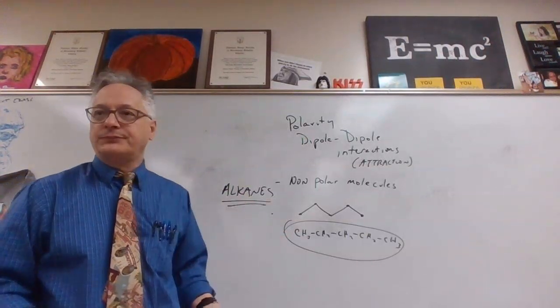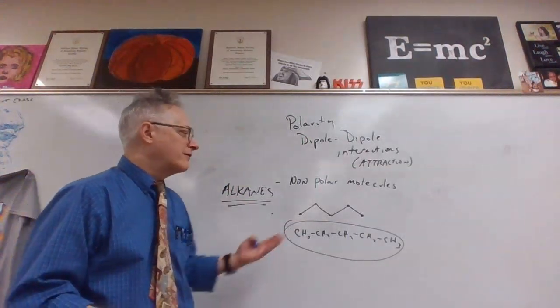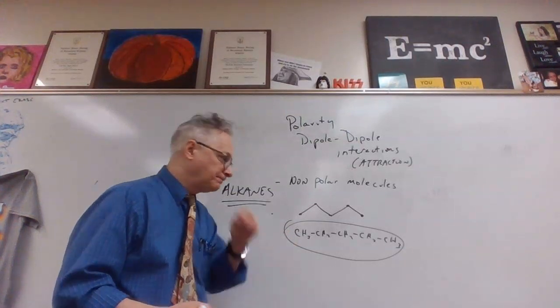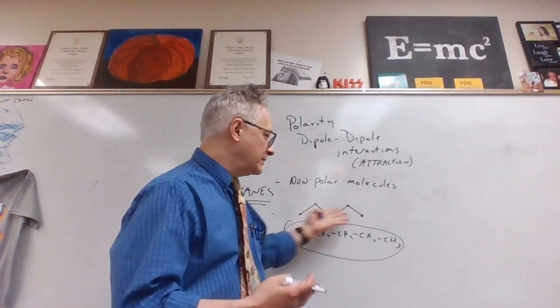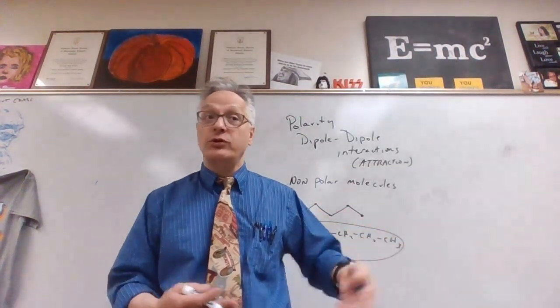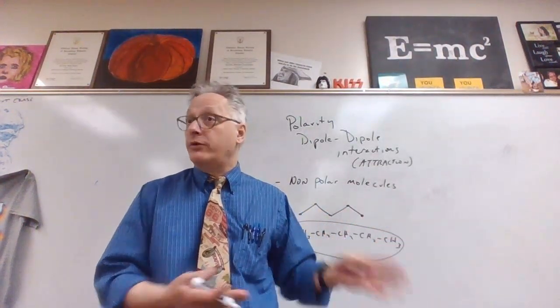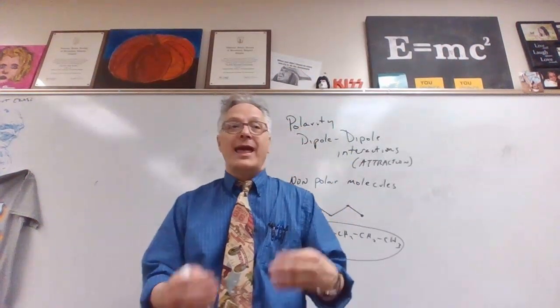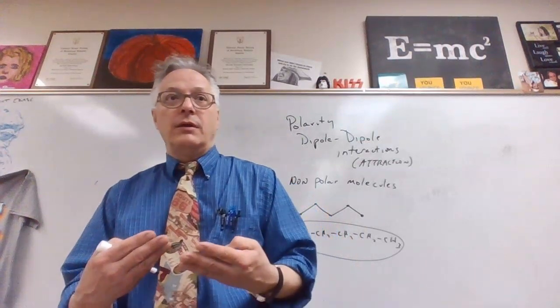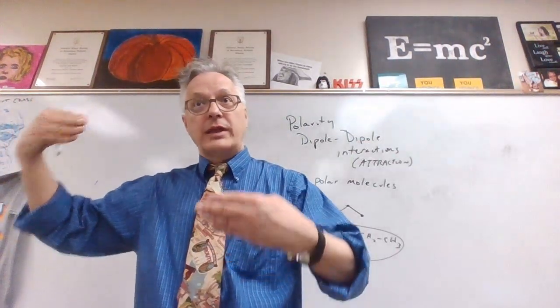They're nonpolar molecules. So as a matter of fact, any one of these molecules, pentane's a liquid at room temperature. If we put it in water, they'd separate out because water's polar and this is nonpolar. And in order for things to be soluble, you have to have like dissolves like.